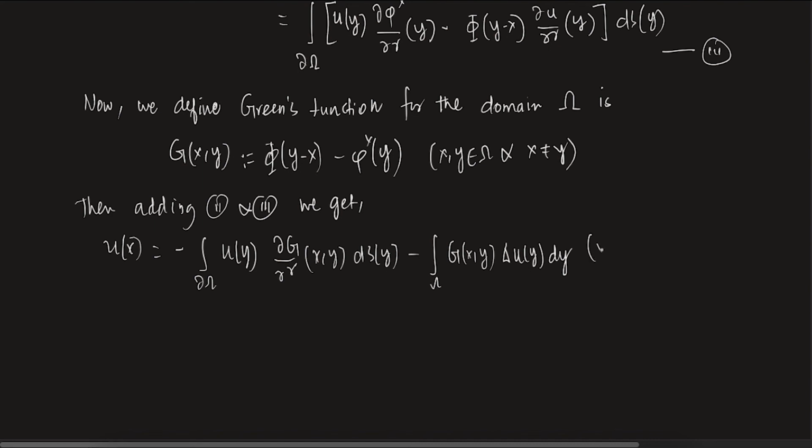This is for x in Omega, that is u(x). Of course, here ∂G/∂γ(x,y) is given by the gradient of G at the point (x,y). When I am writing the gradient of G, I mean it is with respect to y.